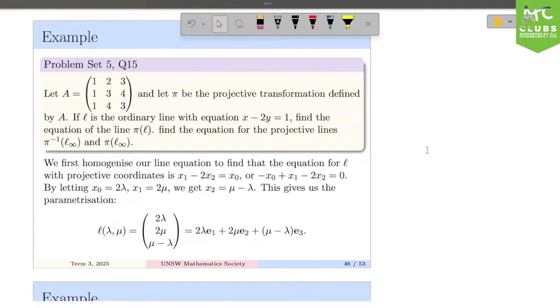Okay, so first we need to do the standard homogenization.